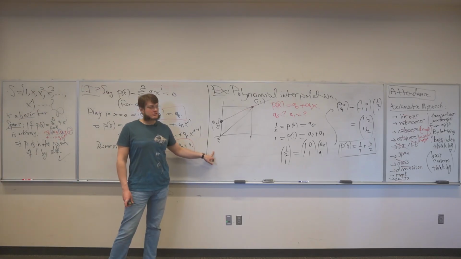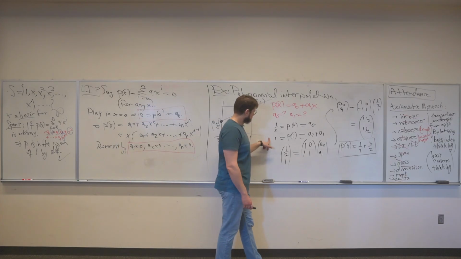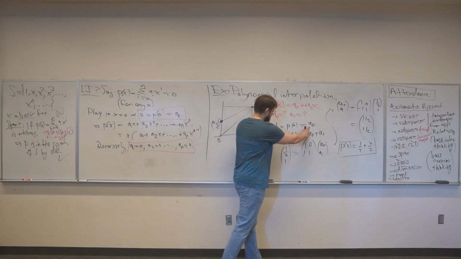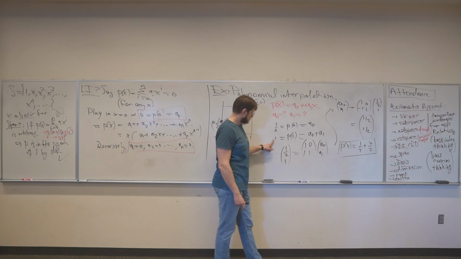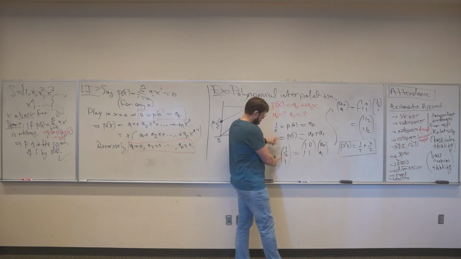Yeah. How did you get from the 1 equals p of 1 down to the 1/2, 1? Well, this is equal to this, and this is equal to this, down to the matrix. Two numbers.